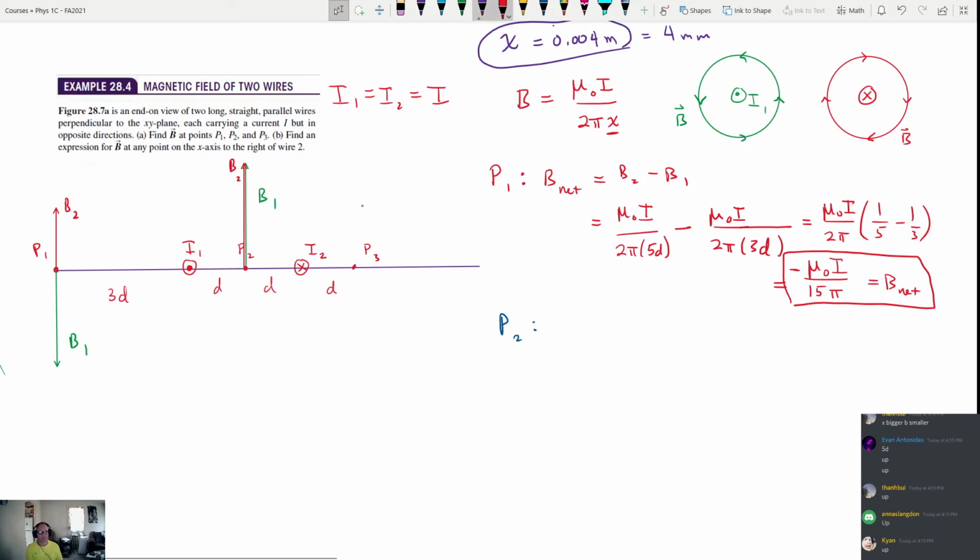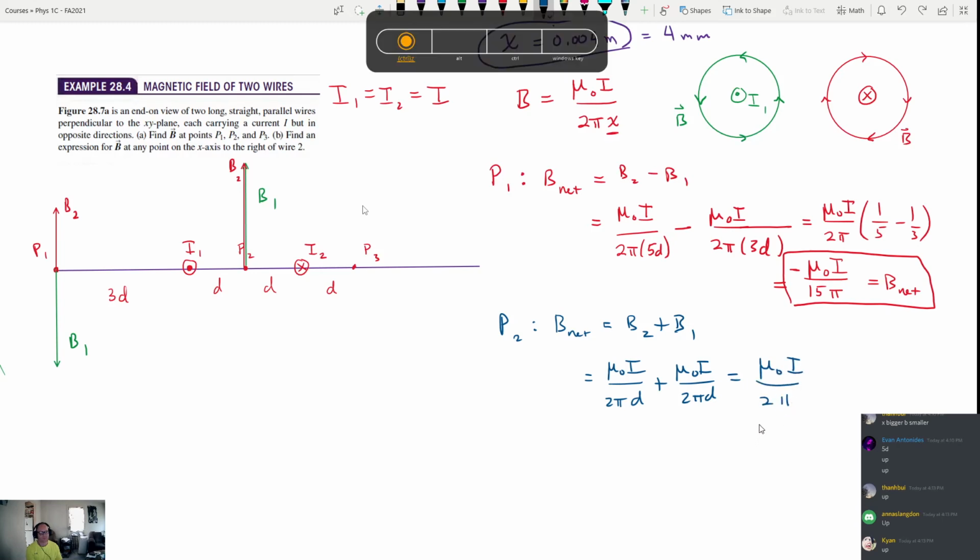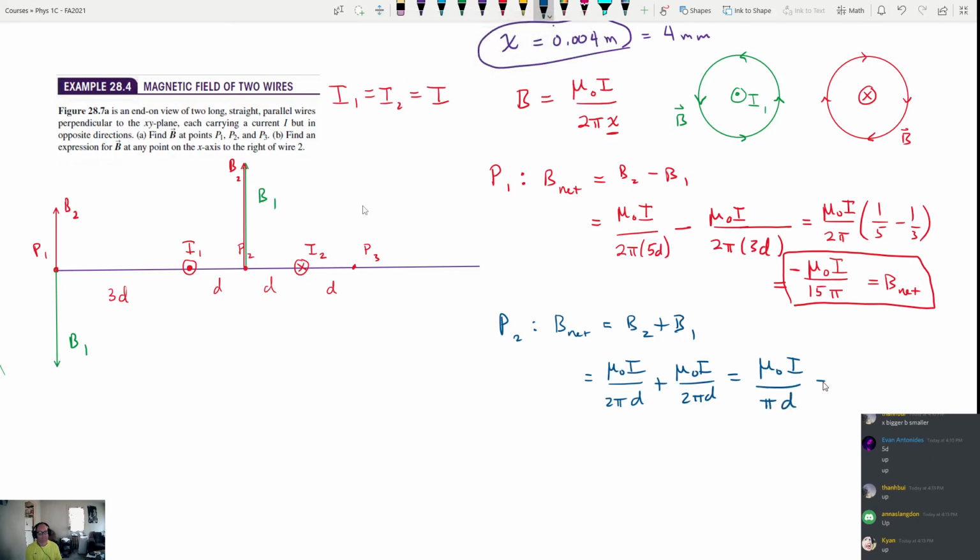So at point P2, we're going to get B net is equal to B2 plus B1 now because they point in the same direction. So that's going to be mu naught I over 2 pi d plus mu naught I over 2 pi d, which is equal to mu naught I over 2 pi, just over pi times d.